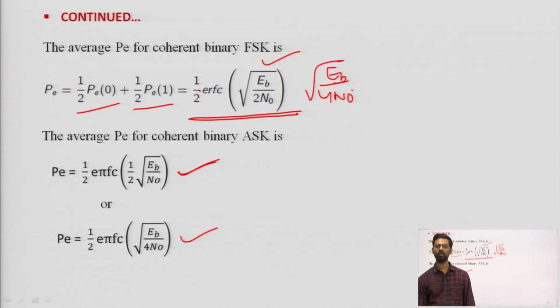So, this is the FSK system, and we have analyzed the BFSK transmitter and BFSK receiver, and then calculated the bit error probability: when 0 is transmitted but I get 1 at the receiver, and when I send 1 but receive 0.